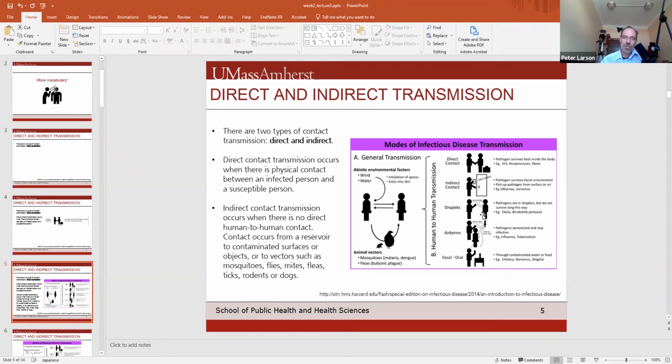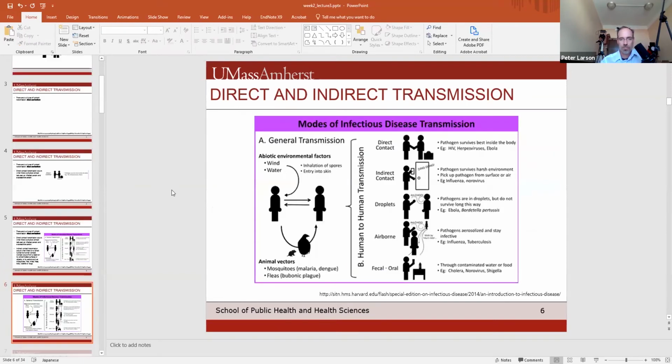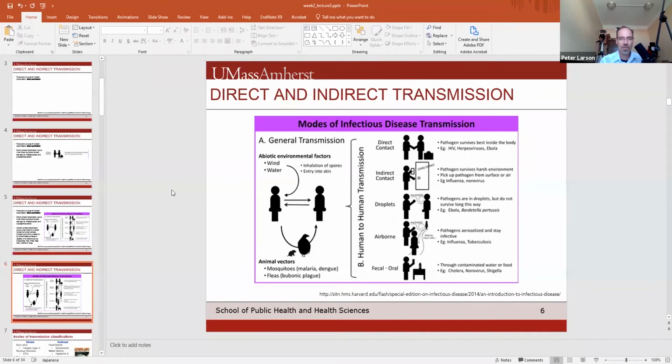So direct, indirect. And we're going to keep coming back to this. Here's the picture a little bit bigger from Harvard. I think this is a very nice way to describe how this works.